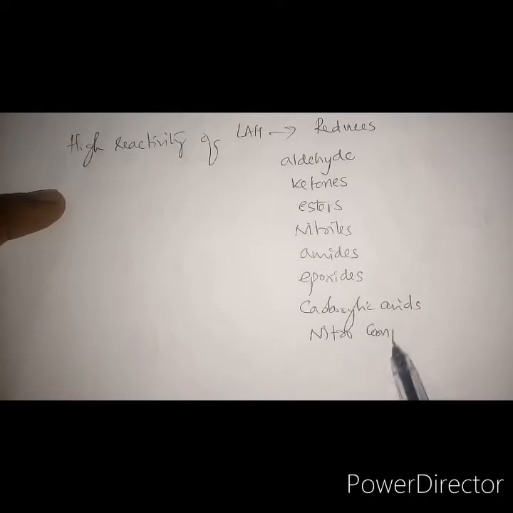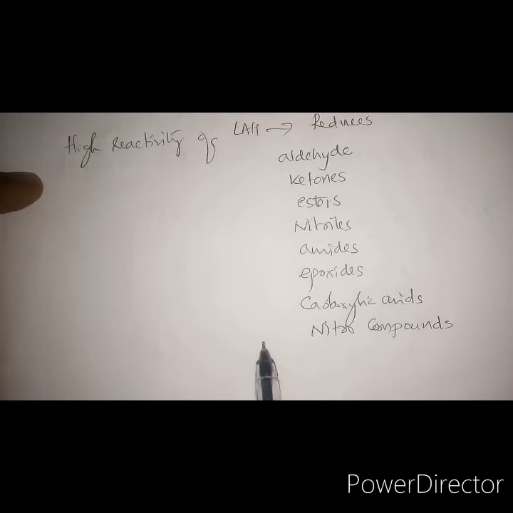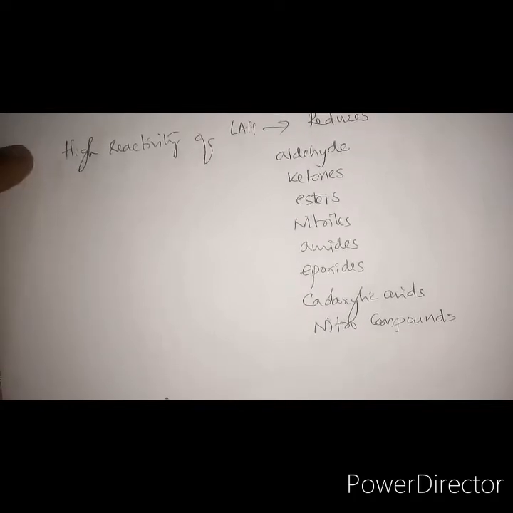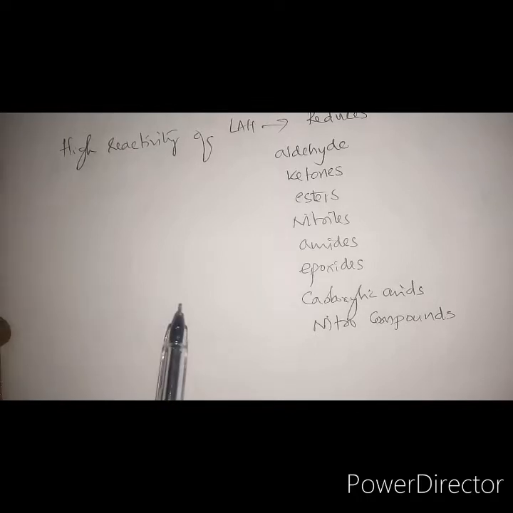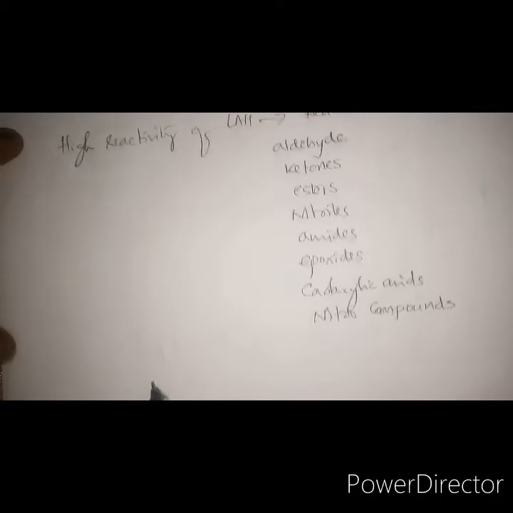So there is no selectivity among the functional groups. This is actually due to the high reactivity of lithium aluminum hydride that makes it reduce almost all the functional groups.